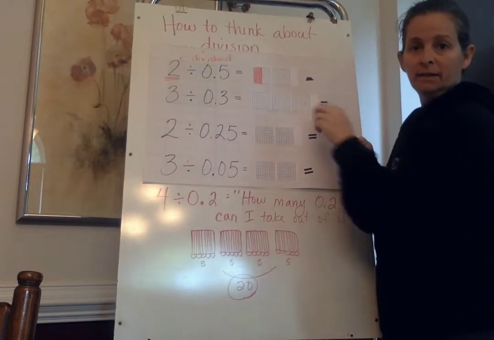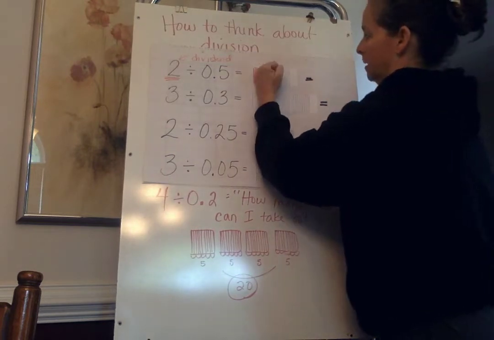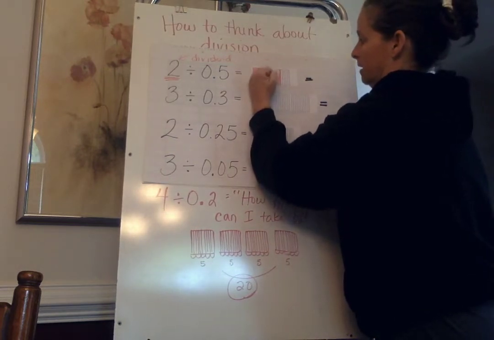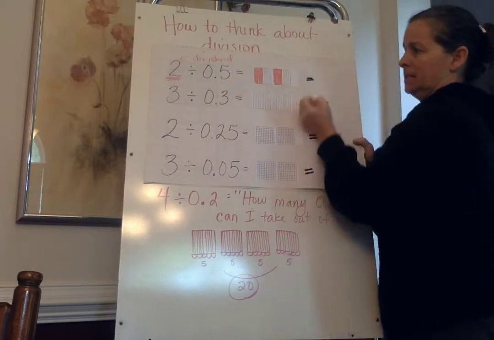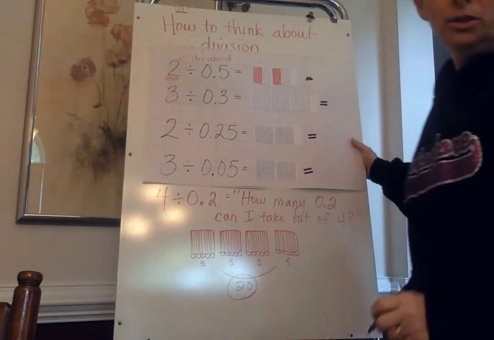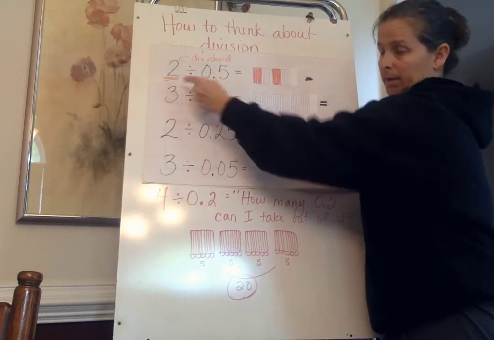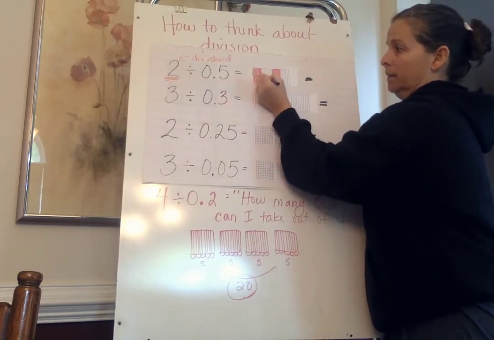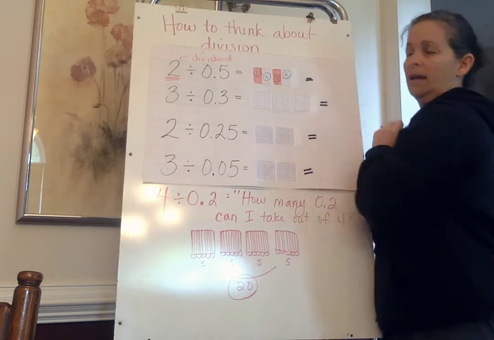1 5/10. Then I'm going to skip this one because there's another 5/10. Then I'm going to shade this 5/10. And 5/10 is the same thing as saying 1/2, same thing. So either way, I can do how many halves are coming out of 2 or how many 5/10 are coming out of 2. Well, here's 1, here's 2, here's 3, and there's 4.